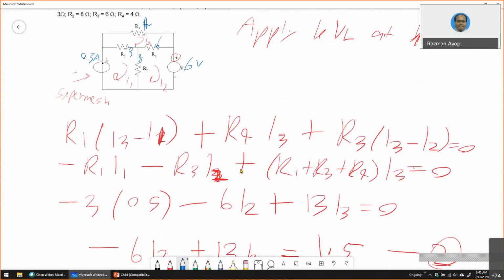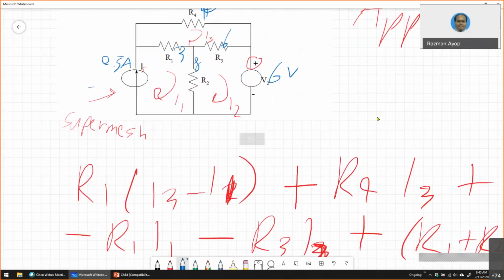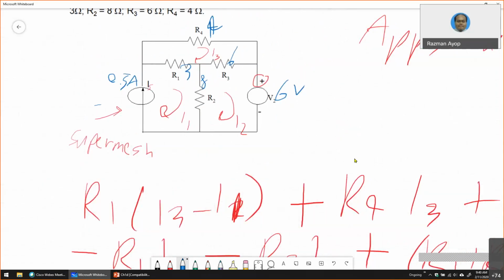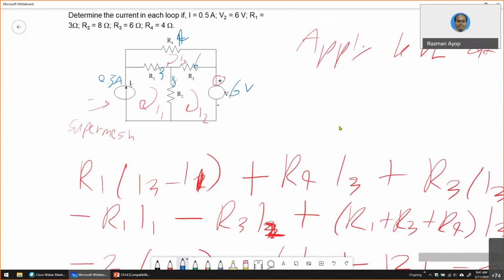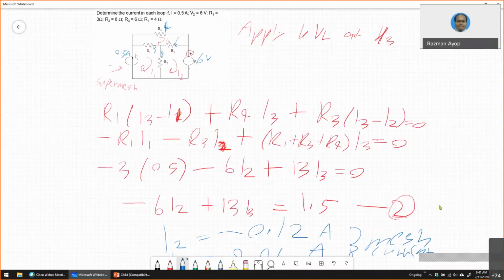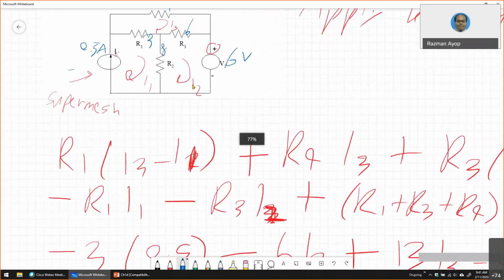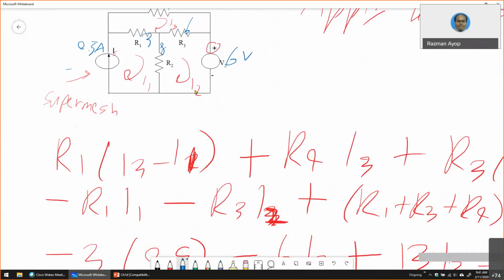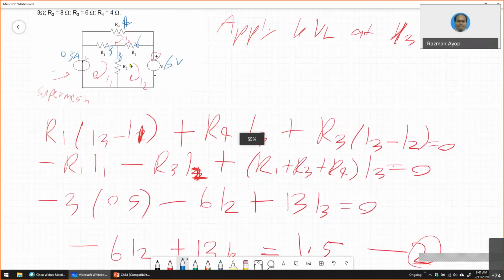The nodal analysis. Is there any more question? Doctor, for applying KVL at I2, why if we meet the positive, we put positive also at the voltage, the 6 volt?